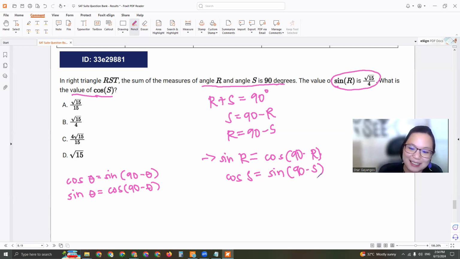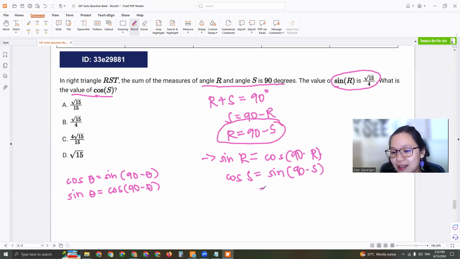Okay, we have this. Are we good? And you understand why sine r is just cosine 90 minus r? Because we're working with the complement of r. Okay, now that everything's fixed. And what do we know about 90 minus s? This is just equal to r, correct? And we have sine r here.